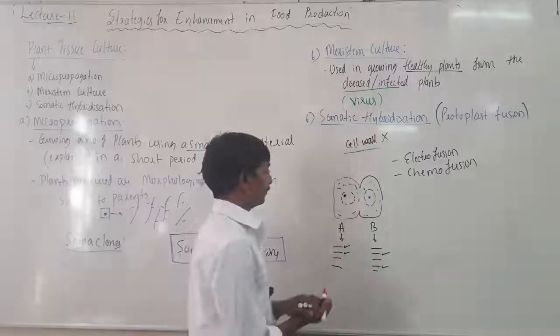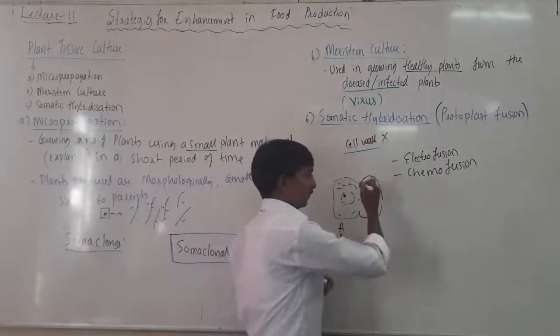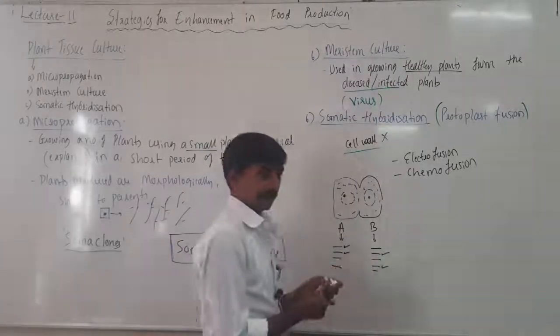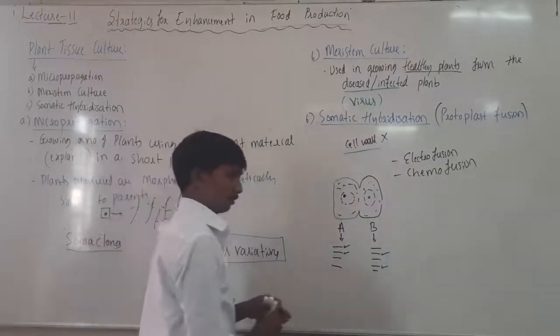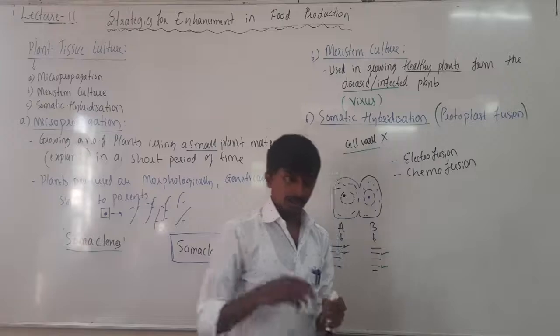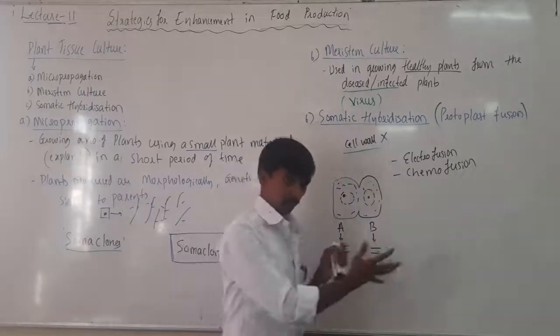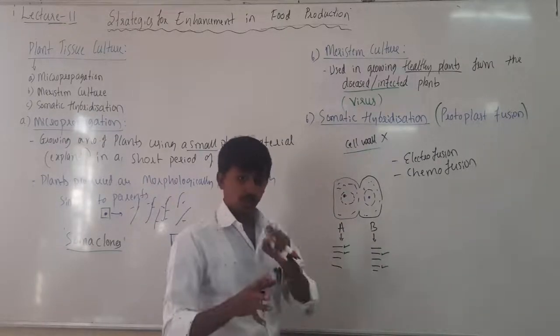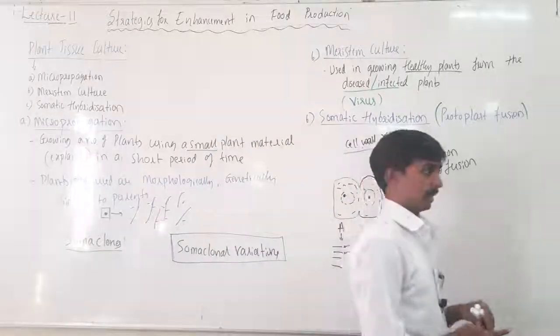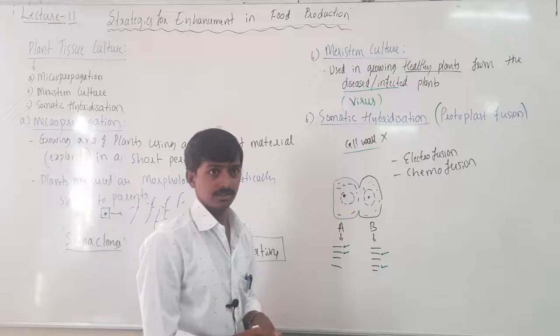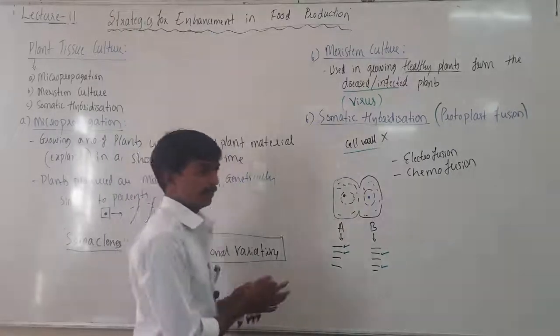Then this can be further developed in a plant tissue culture medium, which is rich in growth hormones. Mainly we need cytokinin for continuing growth, but for the formation of root and shoot we need auxin and gibberellin, gibberellic acid, and many more nutrients.